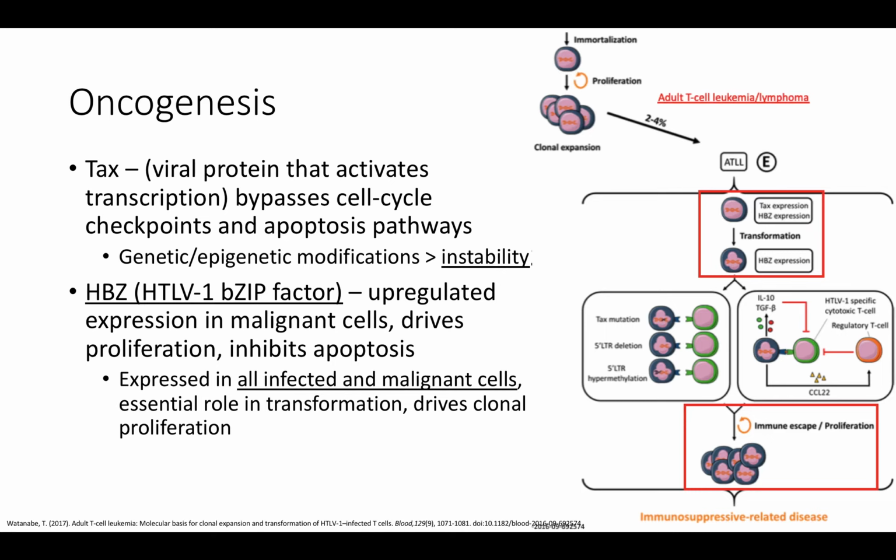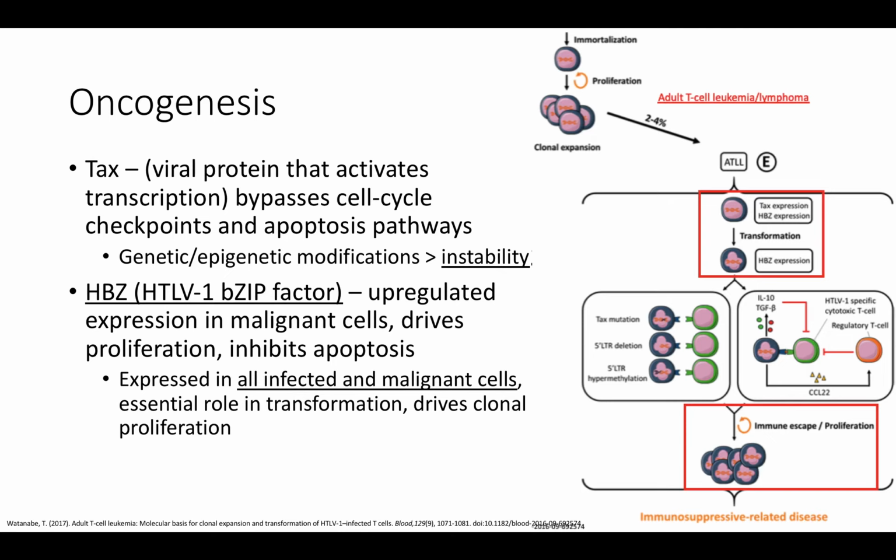It prevents p53 from doing its job and the other tumor suppressors. And then as the cell divides, because these pathways are being bypassed, there's an accumulation of both genetic and epigenetic modifications, and with enough mitotic divisions, the genome will become unstable, which is one of the hallmarks of cancer.